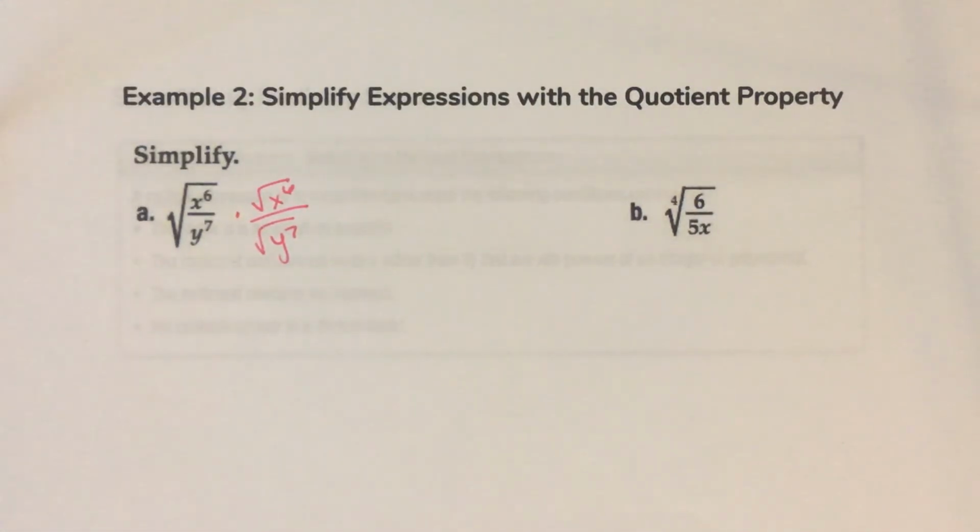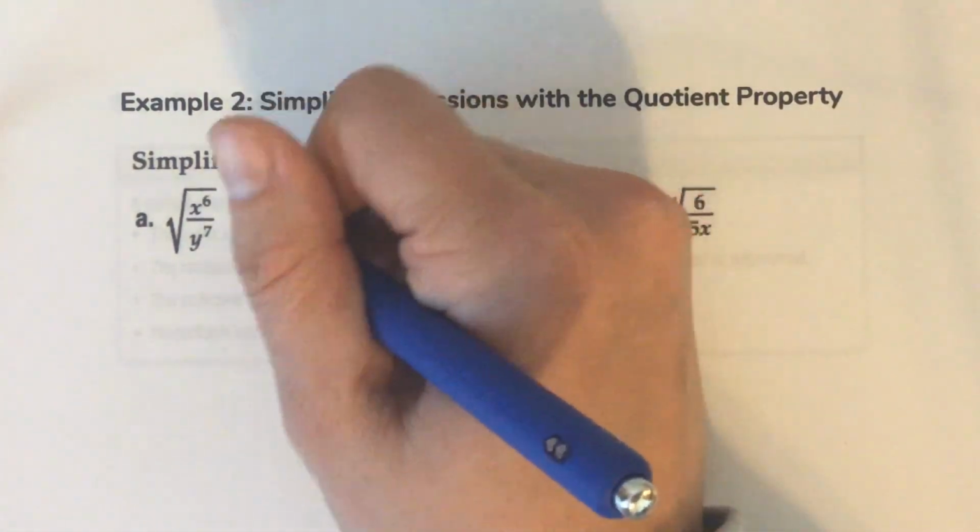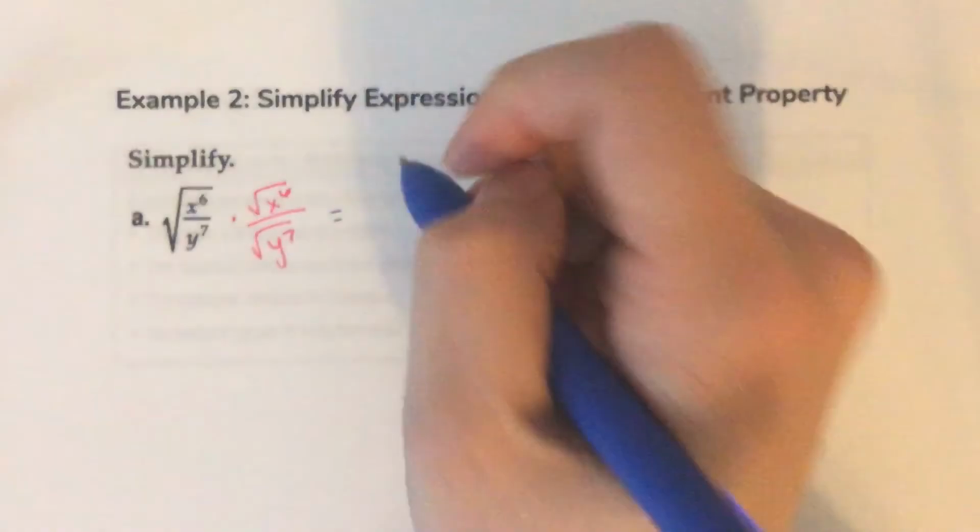From here, before even thinking about rationalizing it, I want to go ahead and simplify these as much as I can. It's just going to make my life a lot easier at the end. So we're going to think about the square root of x to the 6th, I'm thinking pairs.